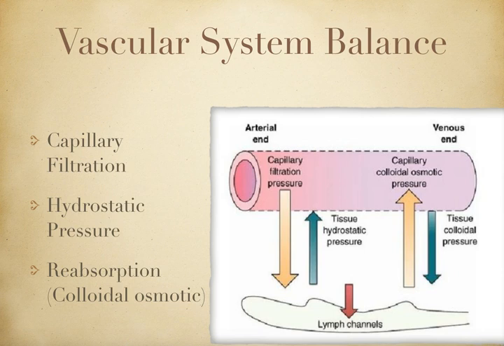The albumin, the colloid, causes osmotic pressure in the capillary, which helps maintain fluid balance. So a lot of different features come into play simultaneously to help strive for that balance. Just a reminder, the arterial end of the blood vessels is for filtration. The venous end of the blood vessels is for reabsorption.